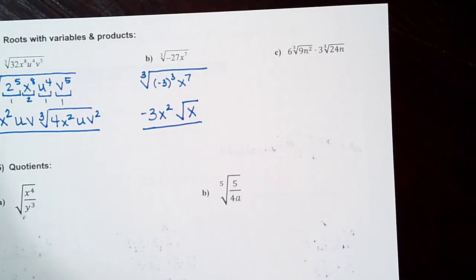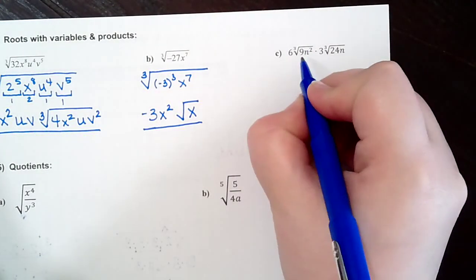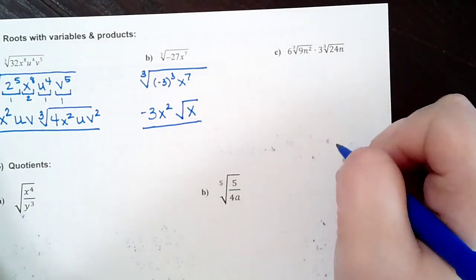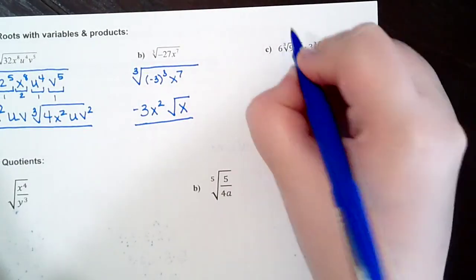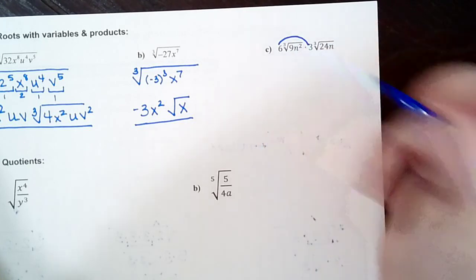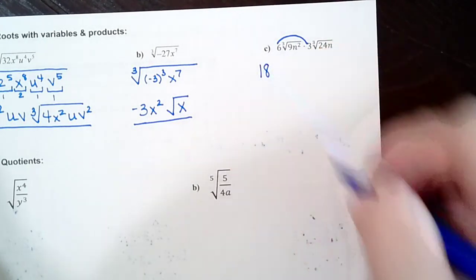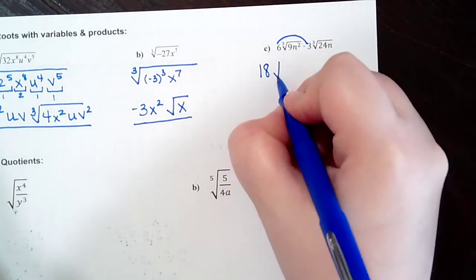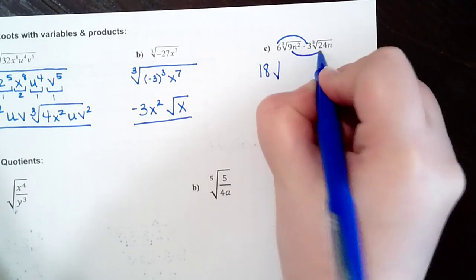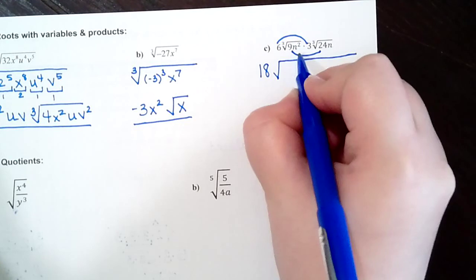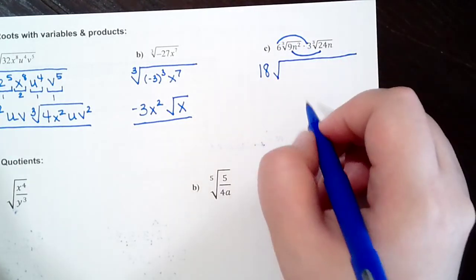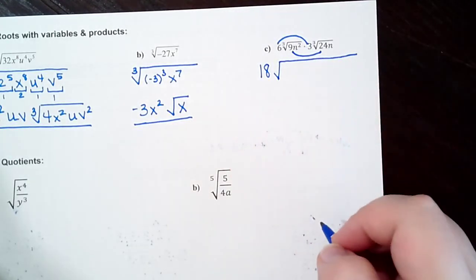The last one, the only difference is that you have multiplication with numbers on the outside. The way that I always remind myself of how to work with these problems is if it starts on the outside, it ends on the outside. If it starts on the inside, it has to end on the inside. So in this case, when I take 9n squared times 24n, I'm going to put all of that in the radical.